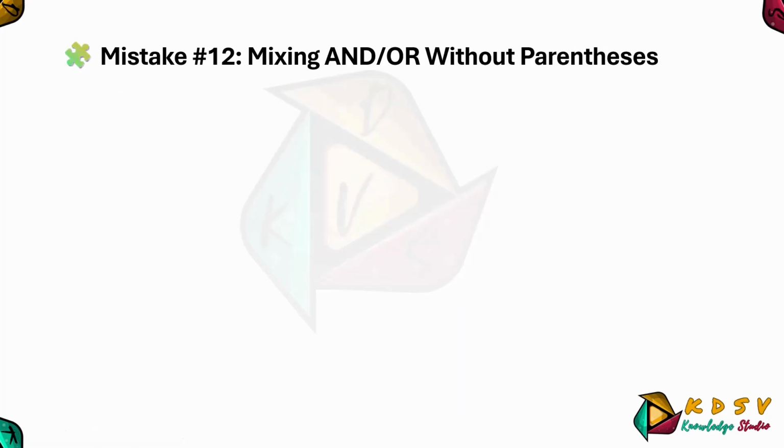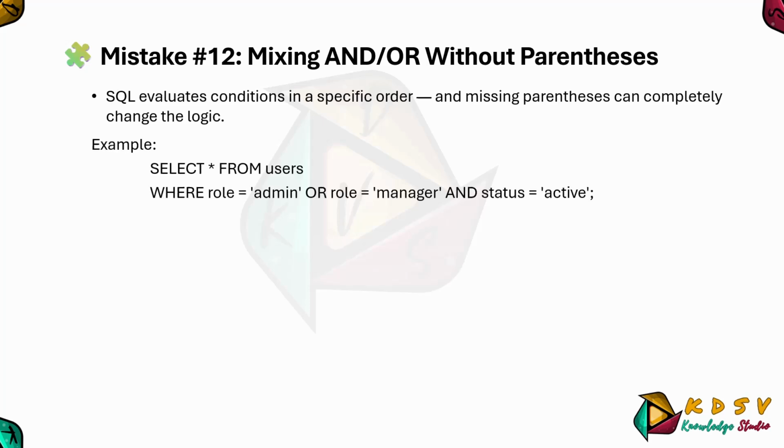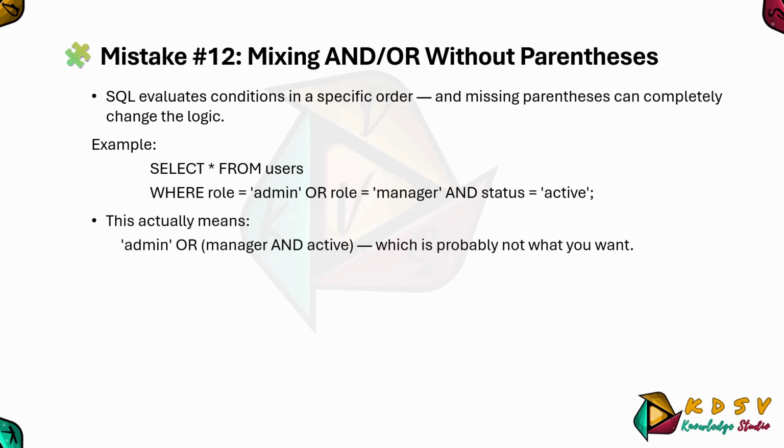Mistake number 12: mixing AND/OR conditions without parentheses. SQL evaluates conditions in a specific order, and missing parentheses can completely change your logic. For example, SELECT * FROM users WHERE role = 'admin' OR role = 'manager' AND status = 'active'. This actually means admin, or manager and active, which is probably not what you want.